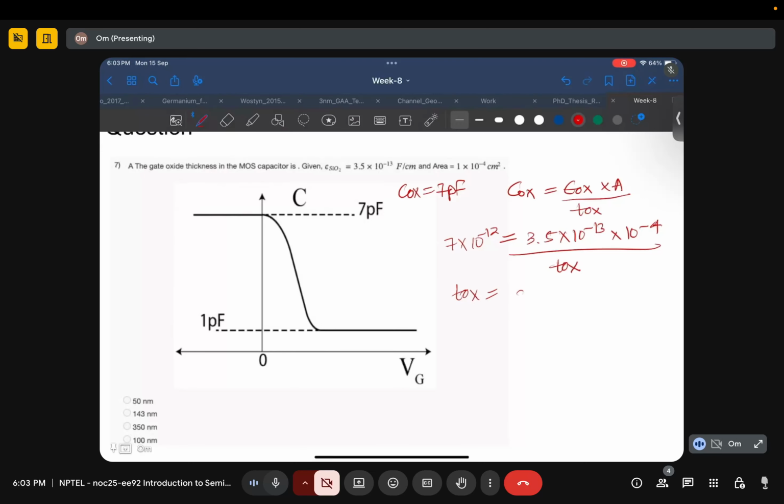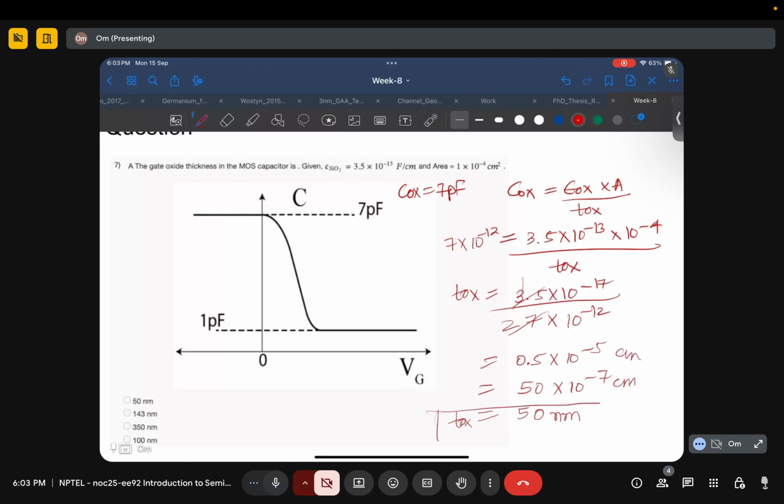So TOX will be 3.5 into 10 to the power minus 17 divided by 7 into 10 to the power minus 12. So it will be 0.5 into 10 to the power minus 5, which is 50 into 10 to the power minus 7 centimeter or 50 nanometers. Option A is correct.